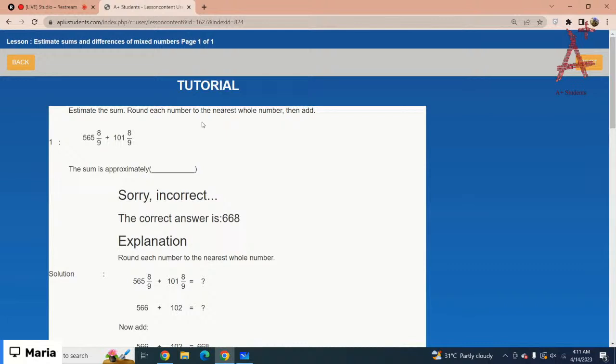So let's just start with the first example. Estimate the sum, round each number to the nearest whole number, and then add. Like it would be 565 whole 8 over 9 plus 101 8 over 9.